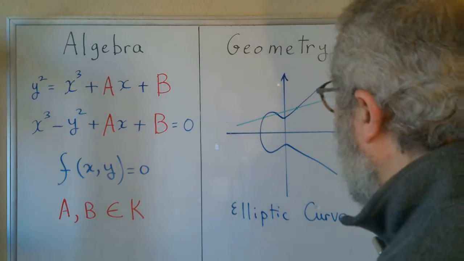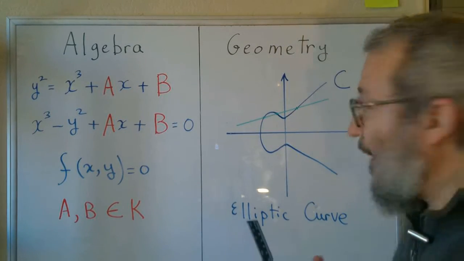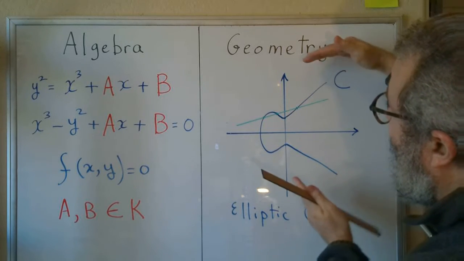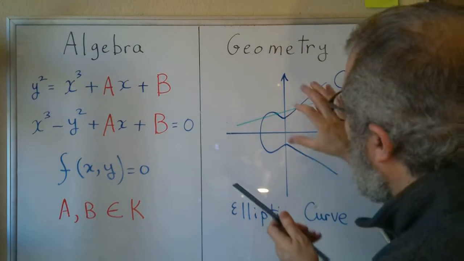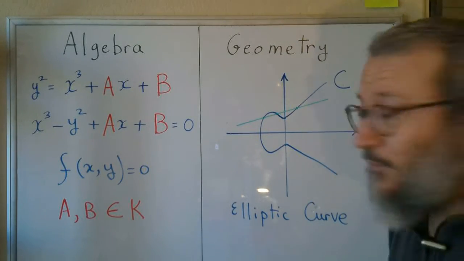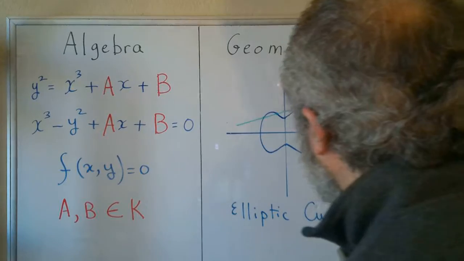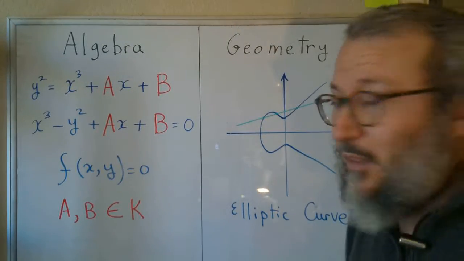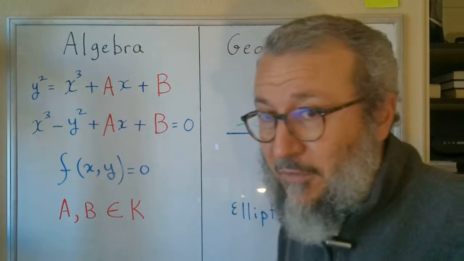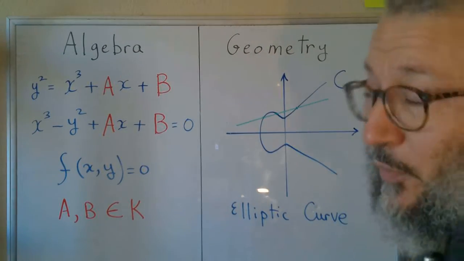I mean, the overall look is still the same, but the shape could change, like the curve could open up or could close to a point sometimes where you have a circle separate from the other curve. So it's a and b that are basically changing the shape of the curve. So every time we come up with a different pair of a and b, we're basically going to come up with a different curve here.